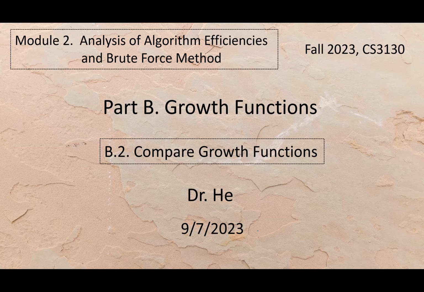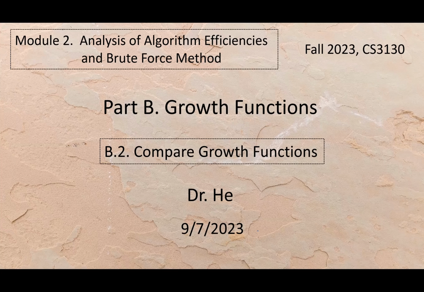We get two methods, and we get capital C functions for those two methods. Now let's do the comparison. First, we get their growth functions. Second, we compare which one is faster and which one is slower.